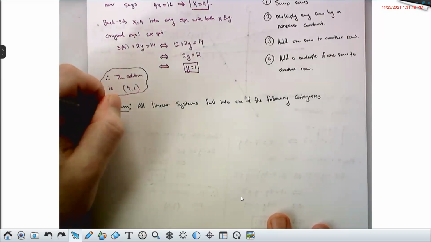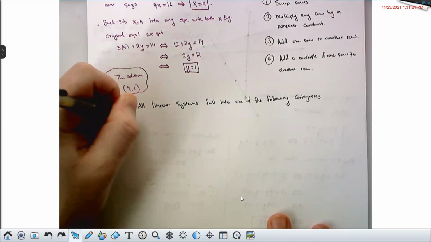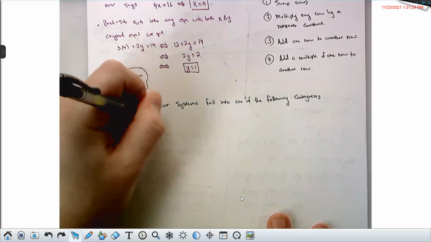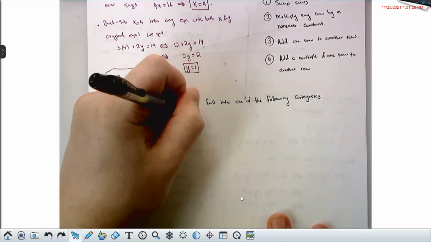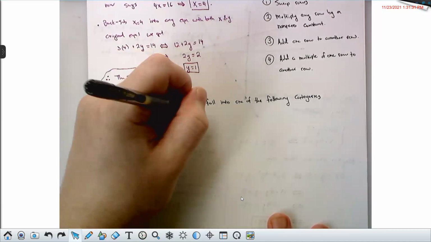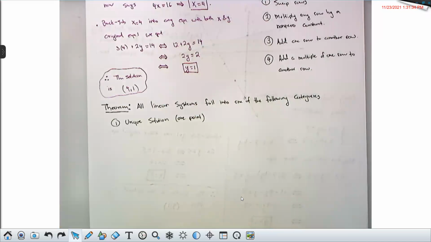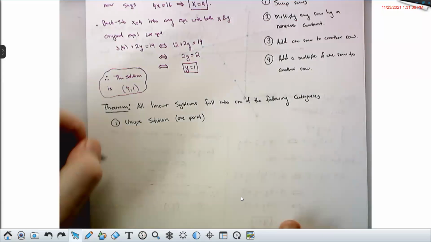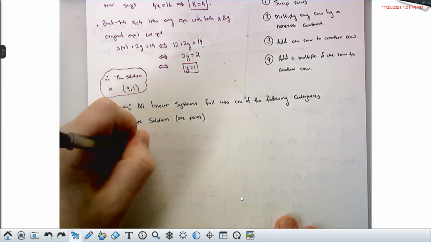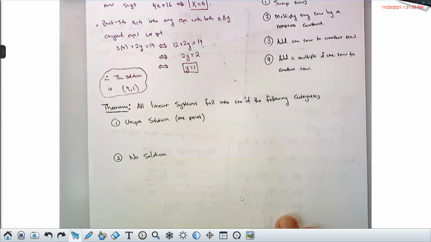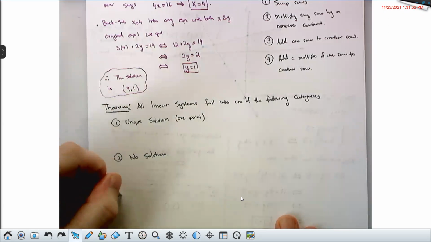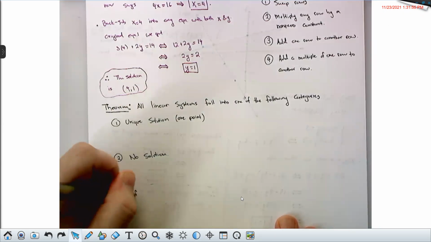There's either a unique solution, right? One point that lives on both lines or lives on all of the graphs, satisfies all the equations at the single time. It's also quite possible that there is no solution. And kind of the hardest case to handle is infinitely many solutions.